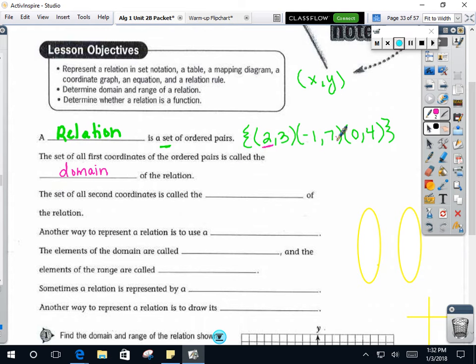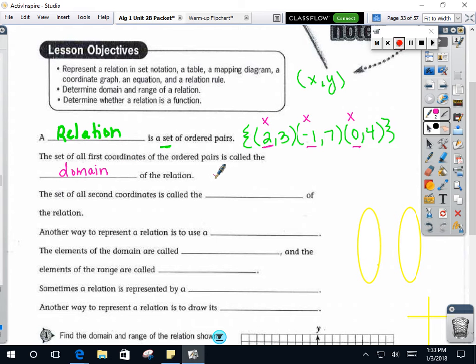In this ordered pair, which one's the first coordinate? The -1. Which one's the first coordinate? 0. So that is the set of all the first coordinates, and that's called the domain. What else do you notice about those 3 numbers I underlined? Well, they're all x values, right? So that lets you know that the domain is the set of all the x values.